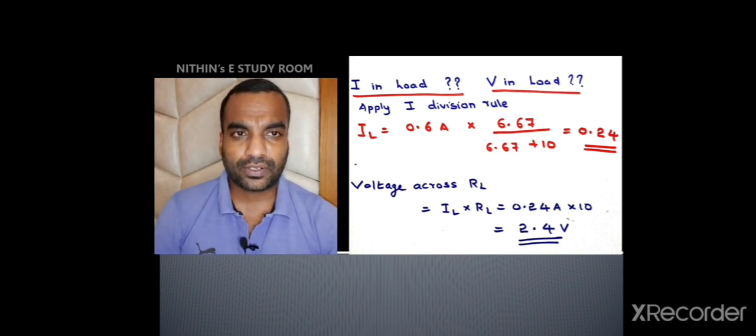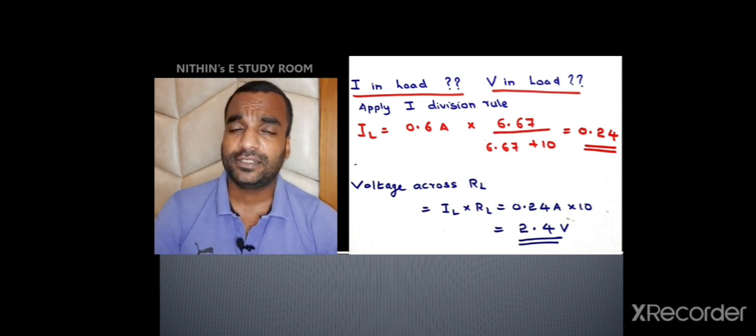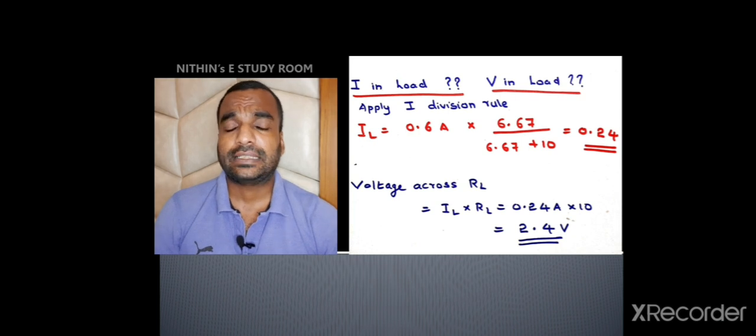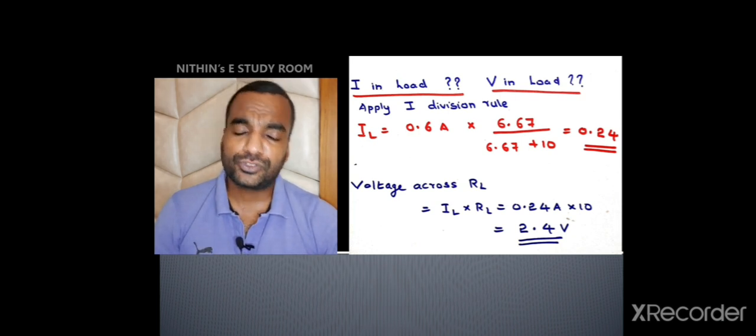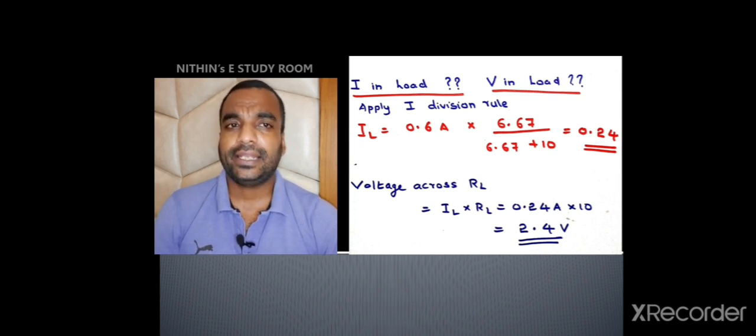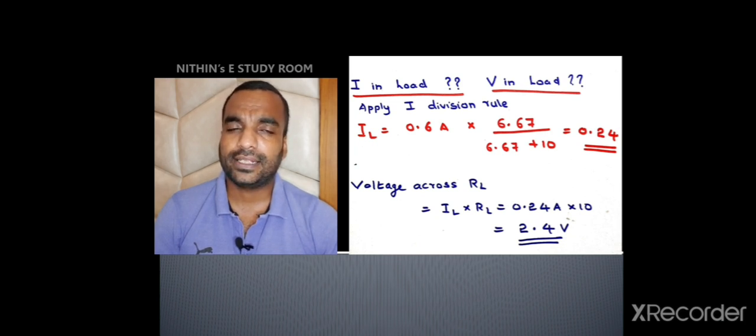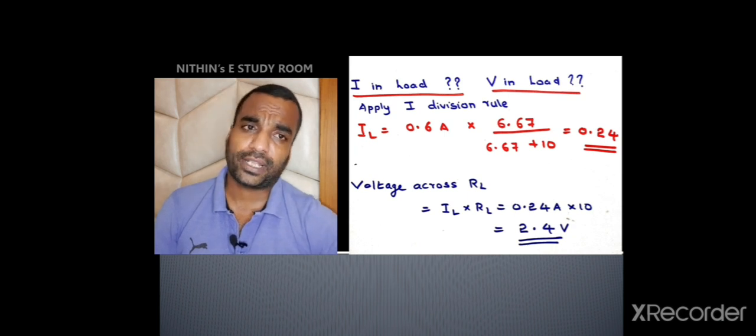Now you are asked to find what is the voltage across the load RL. So you know the resistance value of RL and also you know the current that is passing through the RL. Then voltage is nothing but IL into RL. Voltage across the resistance is I into R or IL into RL. That is equal to 0.24 amps into 10 ohm.